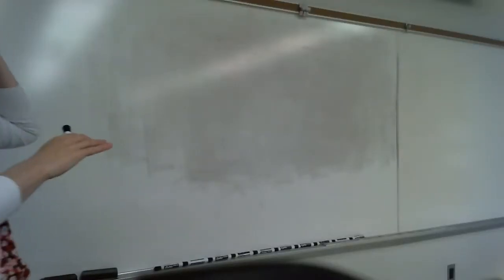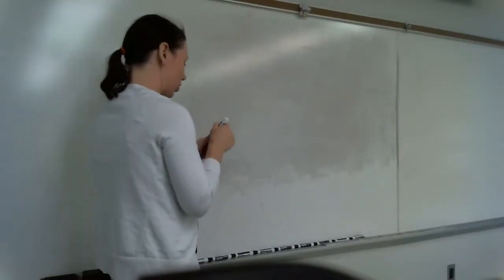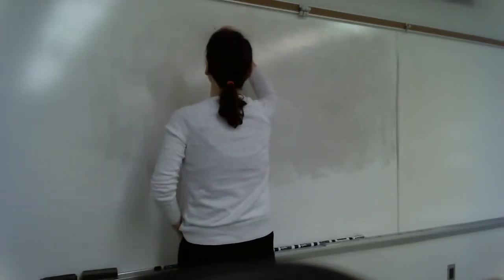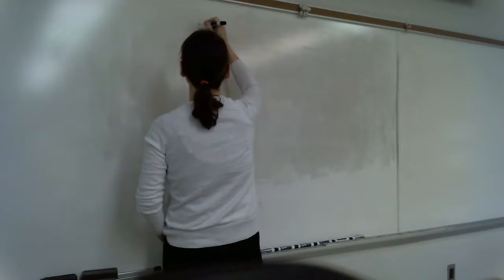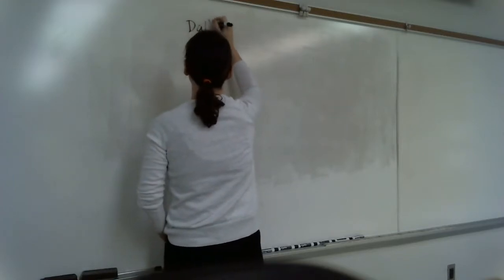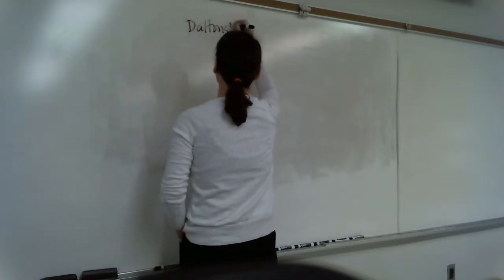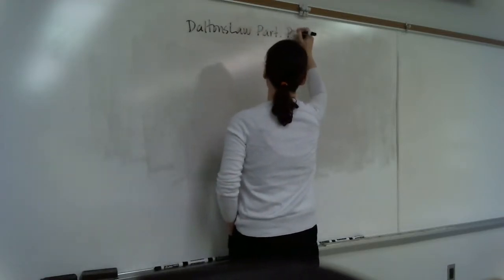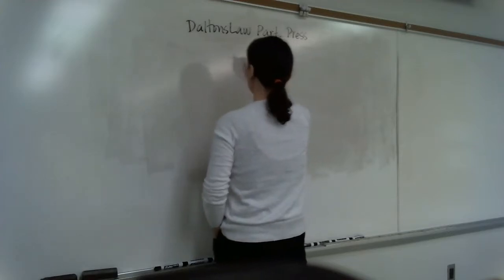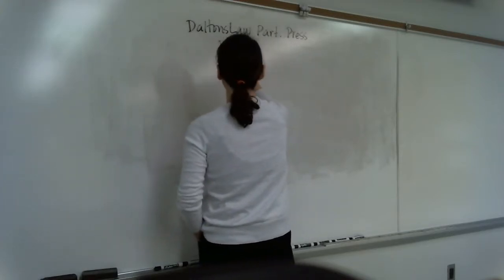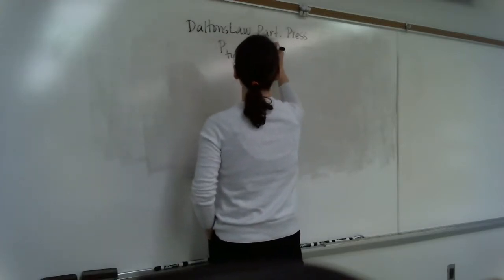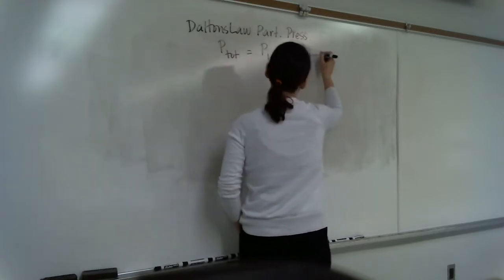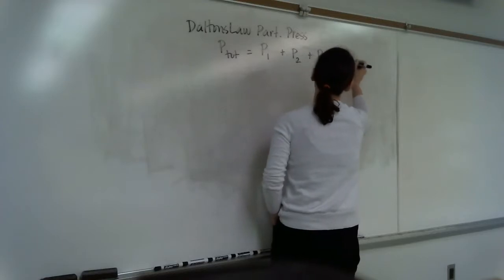Okay, so we're going to continue talking about gases today, and let's talk about Dalton's Law of partial pressures. It says that P total is equal to the pressure of gas number 1 plus the pressure of gas number 2 plus the pressure of gas number 3, right?